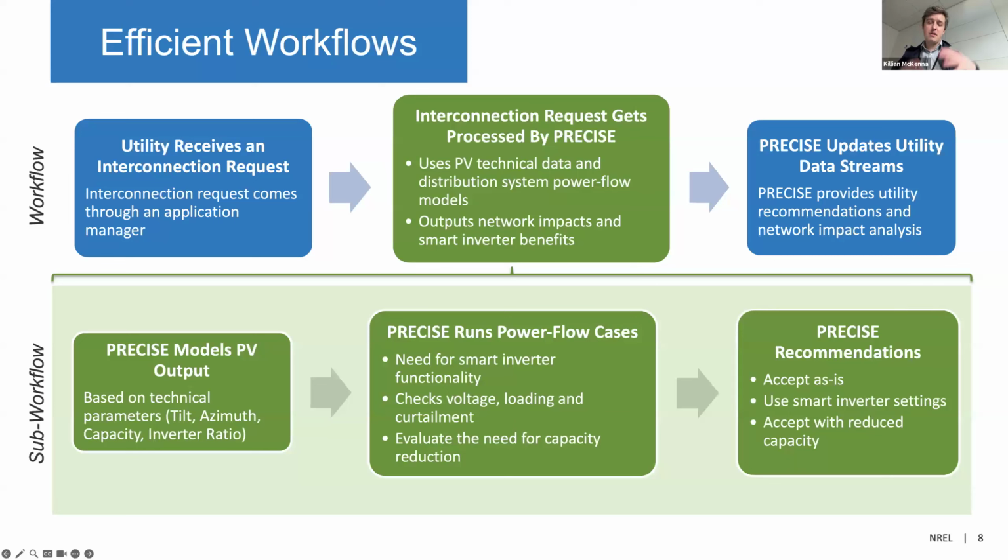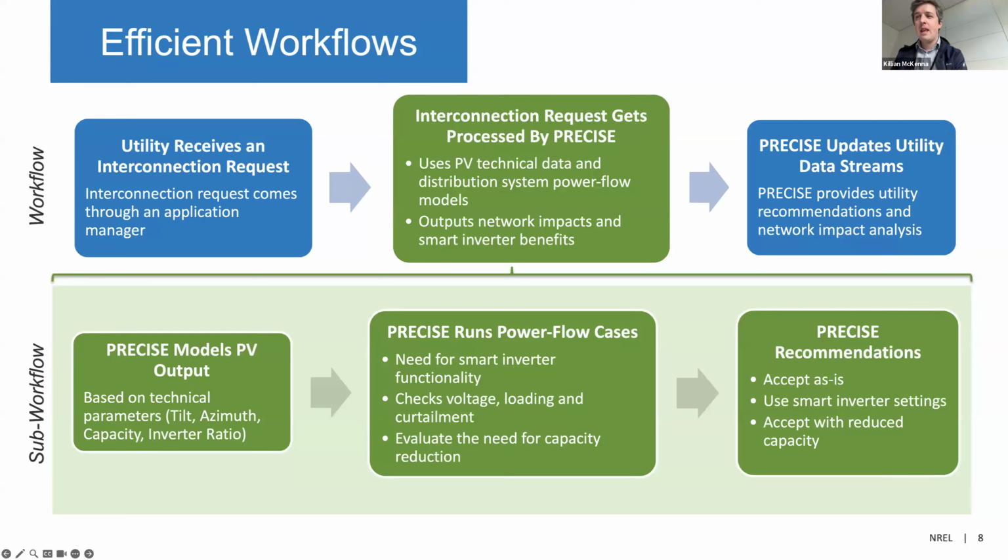The sub-workflow of what's happening behind the hood there is we're modeling each PV system, modeling every panel, the tilt, azimuth, inverter capacity, inverter ratio of AC to DC. We're running power flow analysis for every hour in which there's solar production, evaluating how smart inverter functionality can help grid integration, checking voltage, loading, looking at the curtailment that a customer could experience maybe from volt-VAR activation.